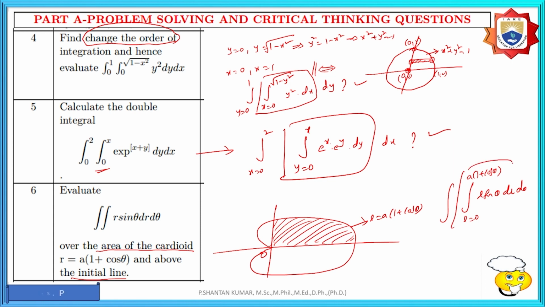The theta limits are 0 to pi by 2, because it covers the region above the initial line.